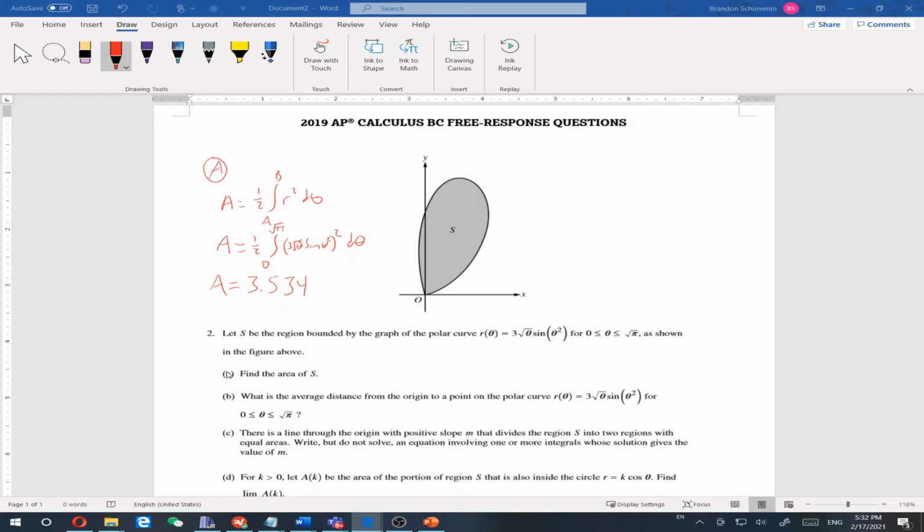What is the distance from the origin to a point on a curve? In general, what's the variable? Radius. The radius. Okay, so this is really looking for the average radius from 0 to root pi.